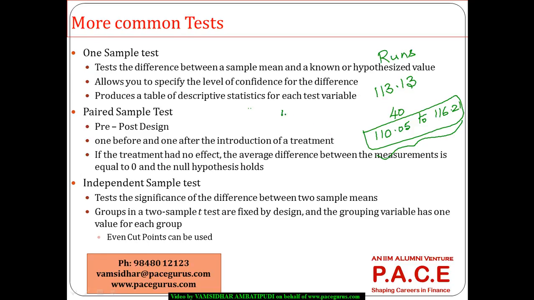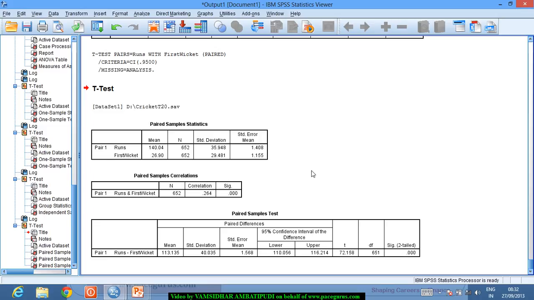So suppose the first wicket partnership is 50, I can say I am 95% confident that the team's score will be between 160 and 166. That is what this information brings out. This is the 95% confidence interval of the differences, and it is very significant, as brought out by your significant two-tailed test.